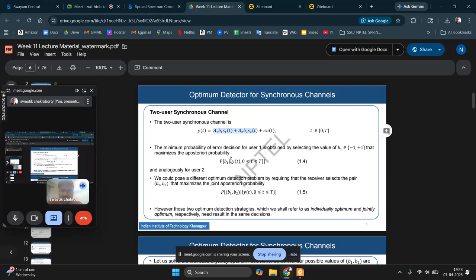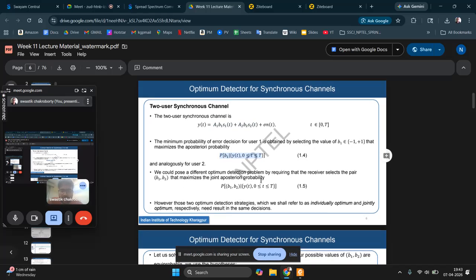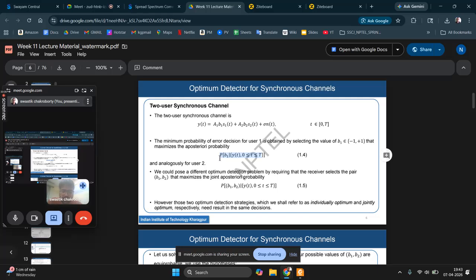That is determined by maximizing the a posteriori probability given in 1.4. We can jointly do this for user 2 also, so the receiver will select the pair that maximizes the joint a posteriori probability of b1, b2 given y(t).